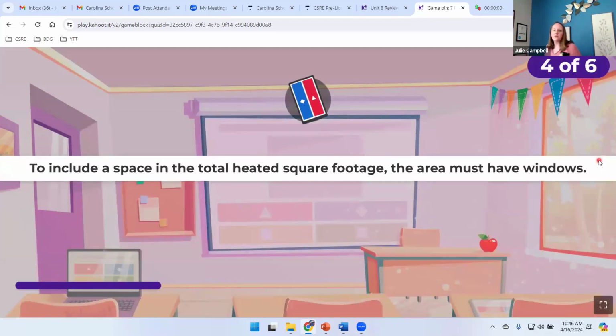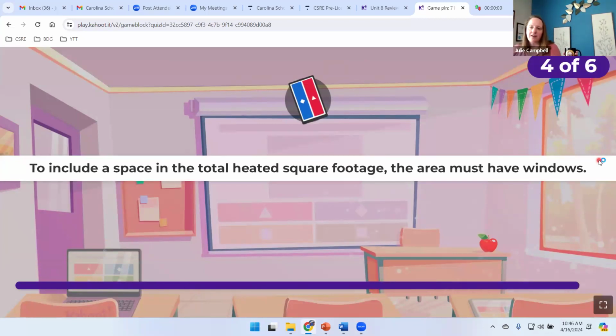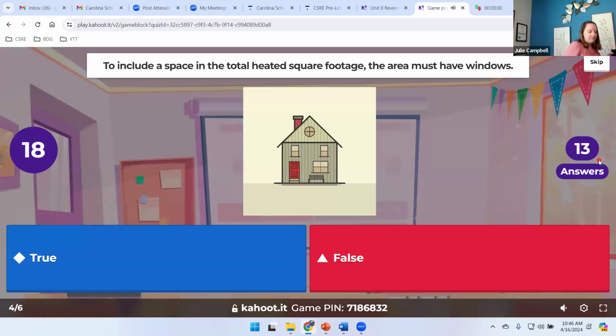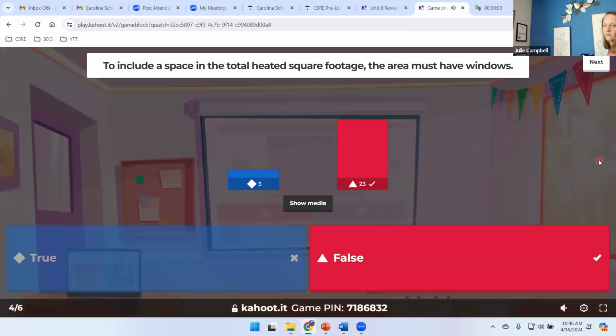Question number 4. To include a space in the total heated square footage, the area must have windows. And that is false. In order to include it, what does it have?